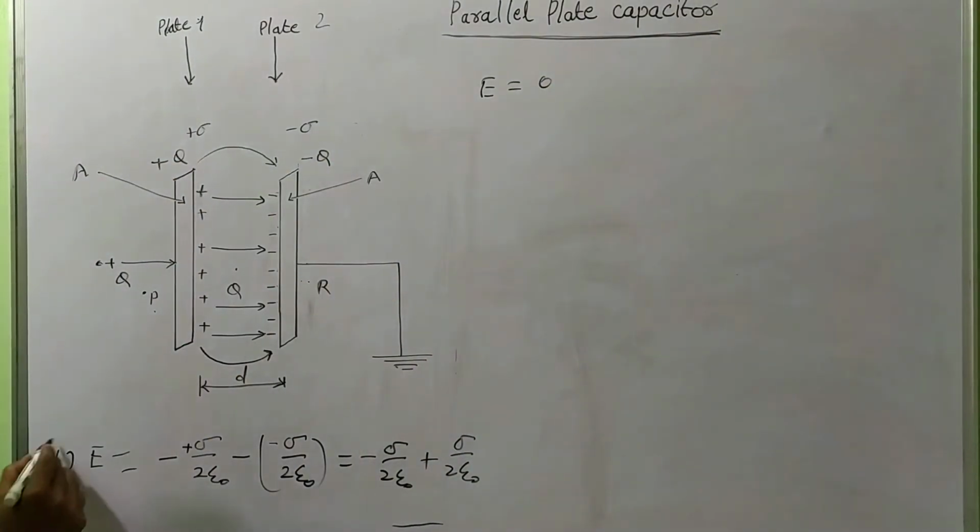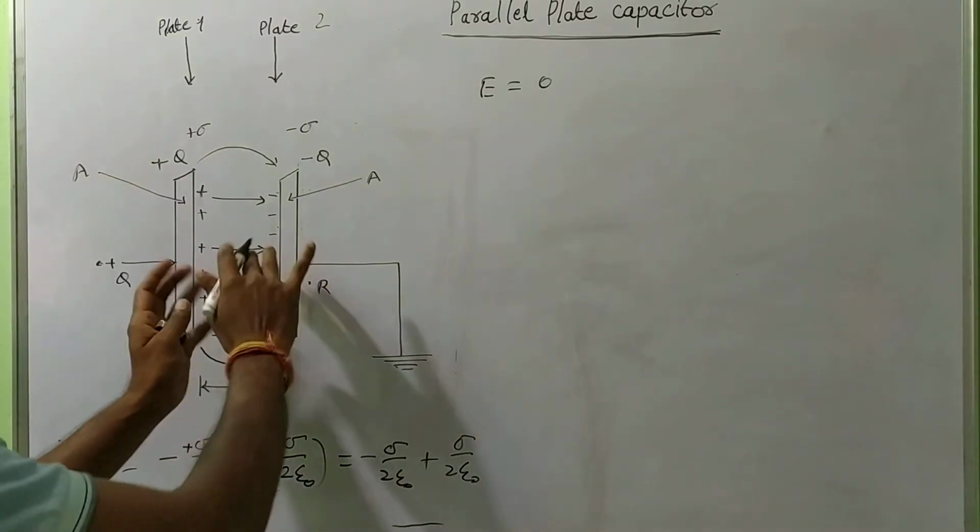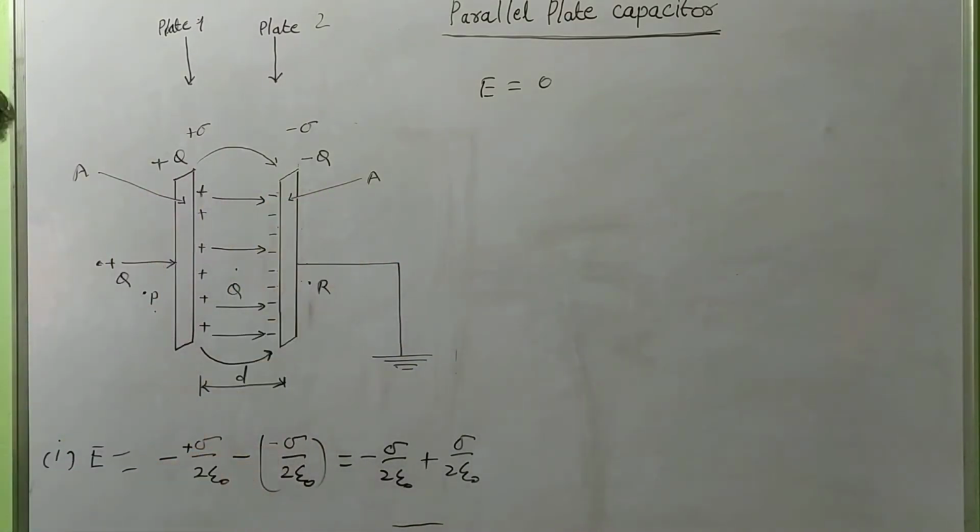This is the first case. Now the electric field at point R outside the capacitor.